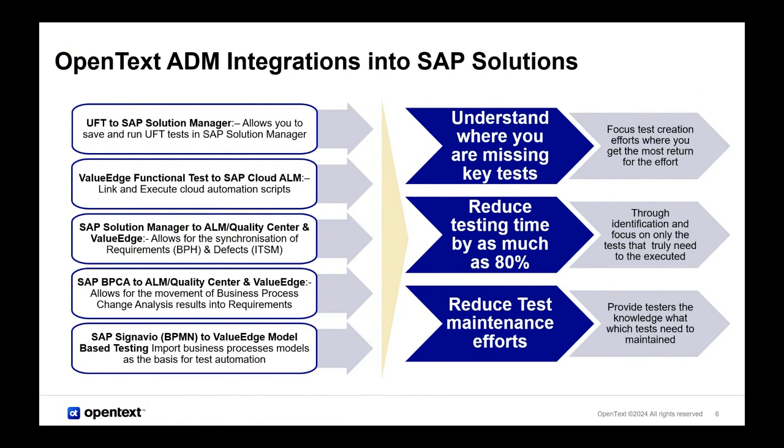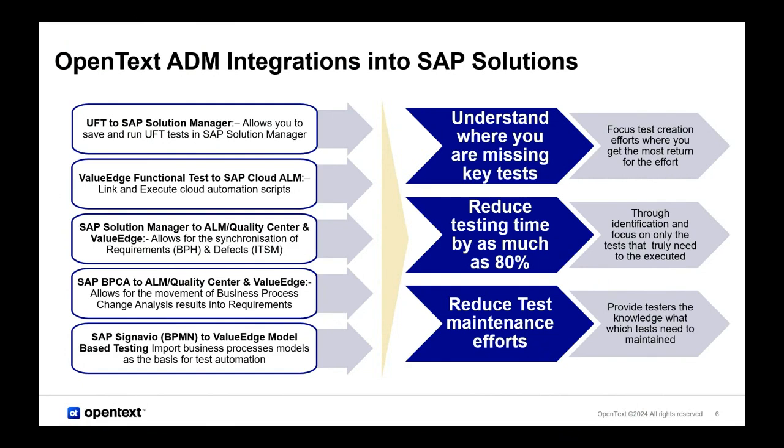And one of the new areas that we've worked on with our Value Edge functional test solution is bringing our ability to work with SAP Cloud ALM. The Value Edge functional test cloud automation tool can be executed and can be the automation tool into SAP Cloud ALM.